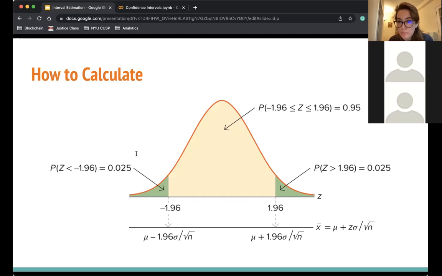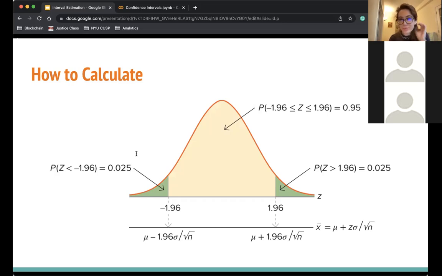Is the 0.025 the standard deviation, or is that just the percentage of the likelihood? Yeah, that's a great question. I just want us to think about drawing the area under the curve. If you took out 95% from the middle, which is our confidence interval, then you have that 5% on both tails. And so that 0.025 is just 0.05, half of the 5%, divided by 2.